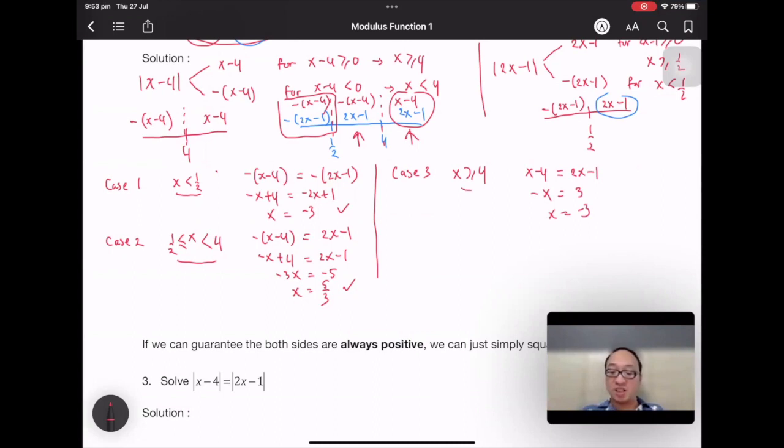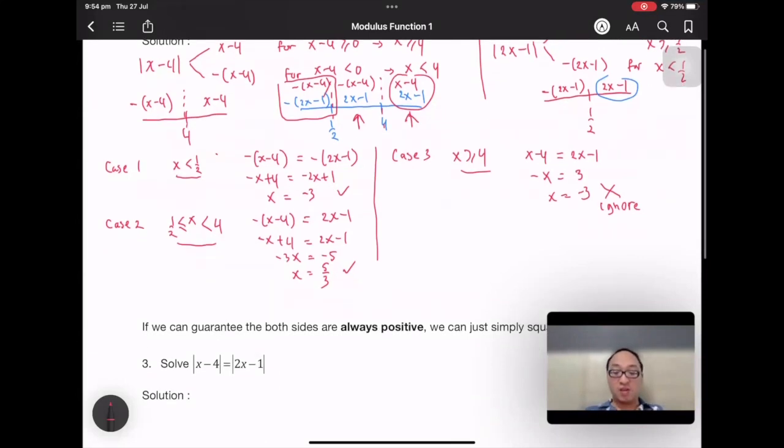Is negative 3 greater than 4? No. So we ignore this answer. So the solutions are x equals negative 3 and x equals 5 over 3.